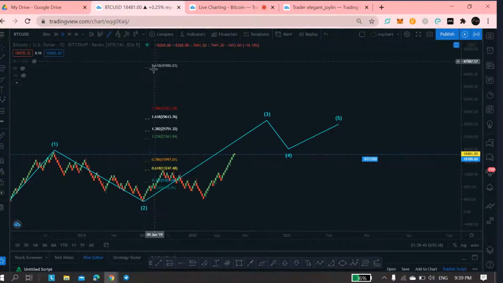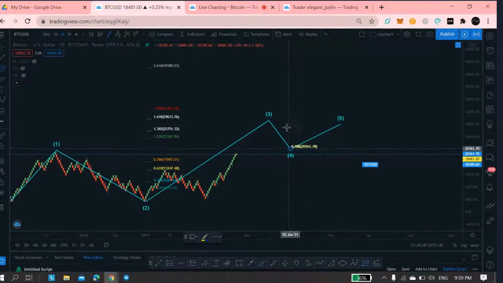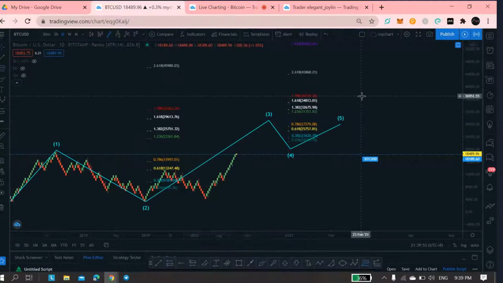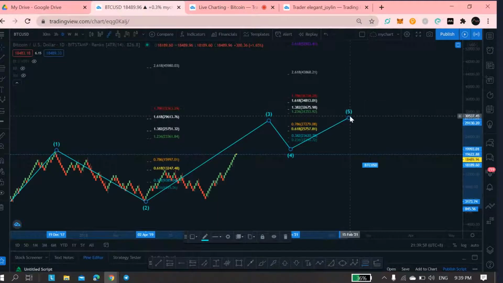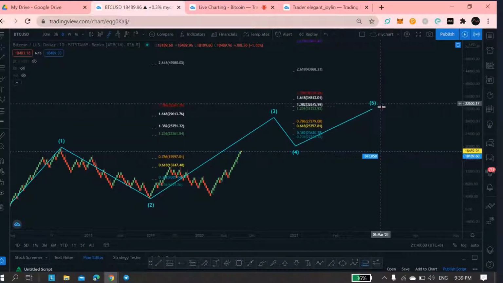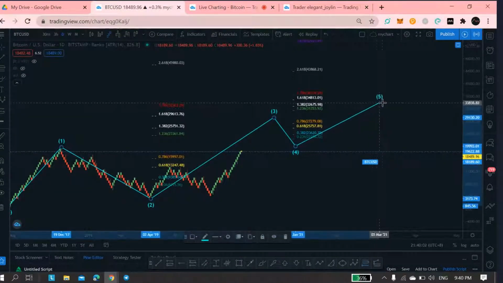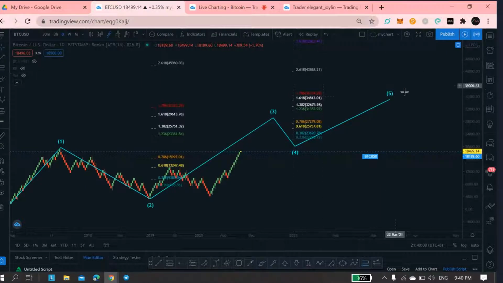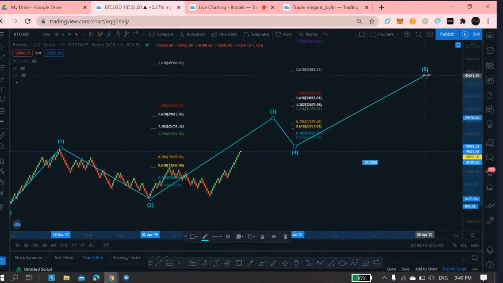Actually, I can also use this one and target the 2.618, or we can also use this one and target also 1.618. But this is very short. So I think I'll just use, on a conservative note, this one, the 2.618.